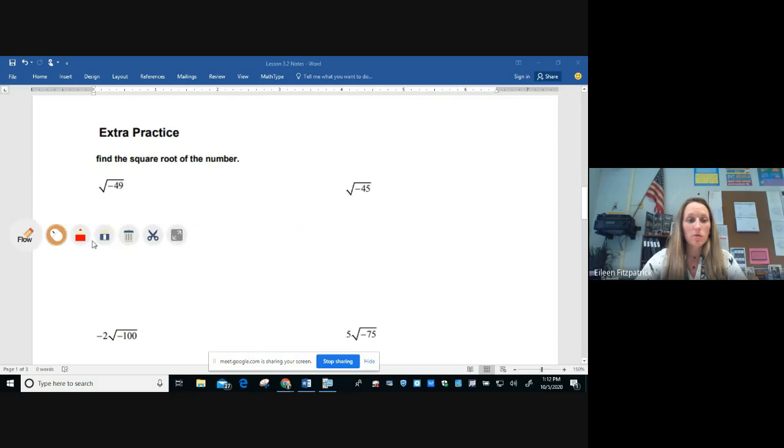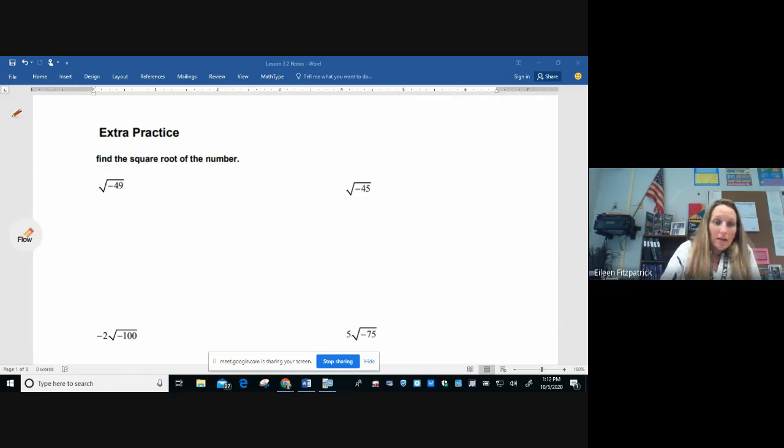Okay, so now let's work through some examples. First, we want to find the square root of these numbers. Again, up until now, we'd say, oh, can't do it. There is no number squared that's going to equal -49. But now I know I can rewrite this as the square root of -1 times the square root of 49.